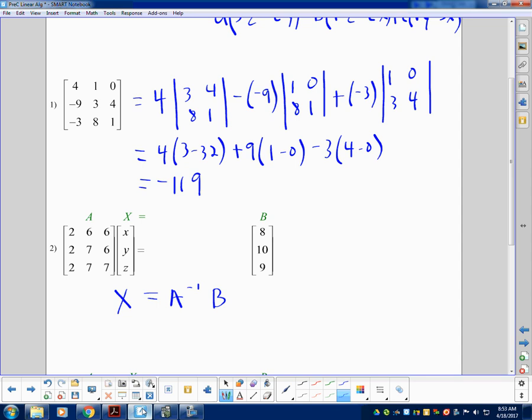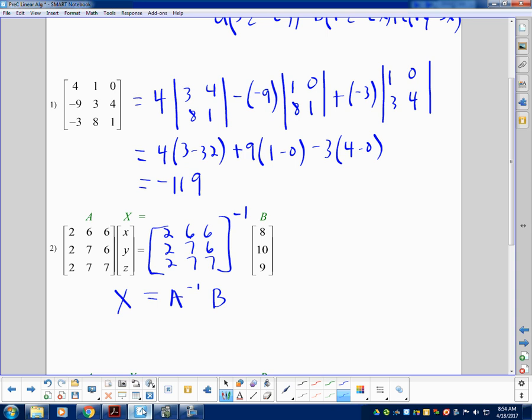So what I need to do is have the calculator, I haven't shown you how to do this by hand, we're not going to do this by hand, but have the calculator find the inverse of this matrix A. We're going to put a little inverse sign by it and multiply it by B. So, we could have the calculator find the inverse and then write a matrix without the little -1 sign on here.